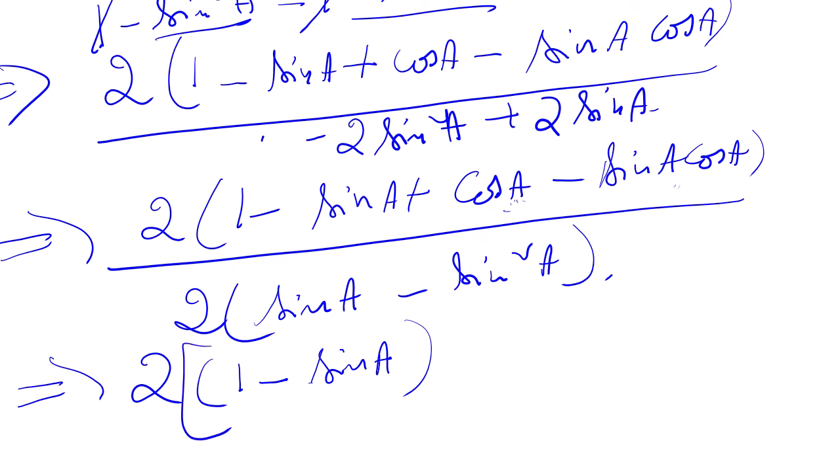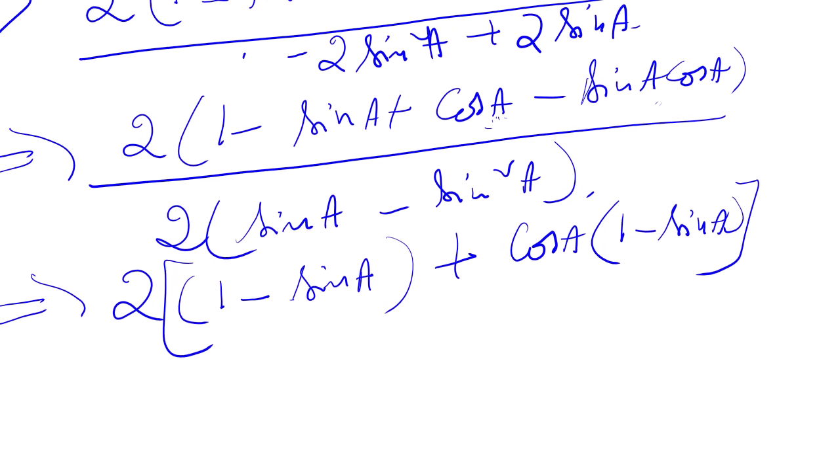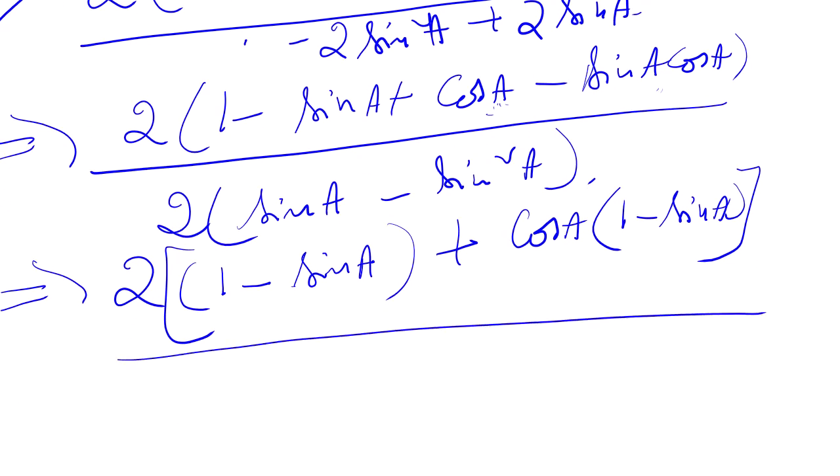Now 1 minus sin A plus here if I take out cos A common, it will become 1 minus sin A. Okay, whole upon, now I will take out sin A common. So 2 into sin A, if I take out common, 1 minus sin A.